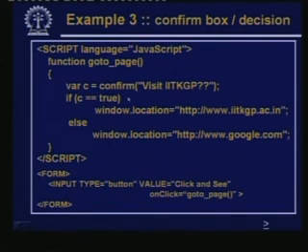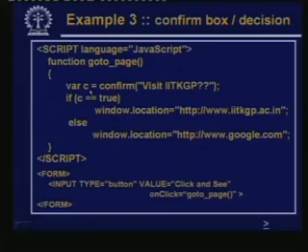Now, in this particular function, you see what is the body of the function. We have called confirm with a string "visit IIT KGP". The return value we are storing in a variable c. This is the syntax, where c equal to this. So, whatever is the return value, it gets stored in c.